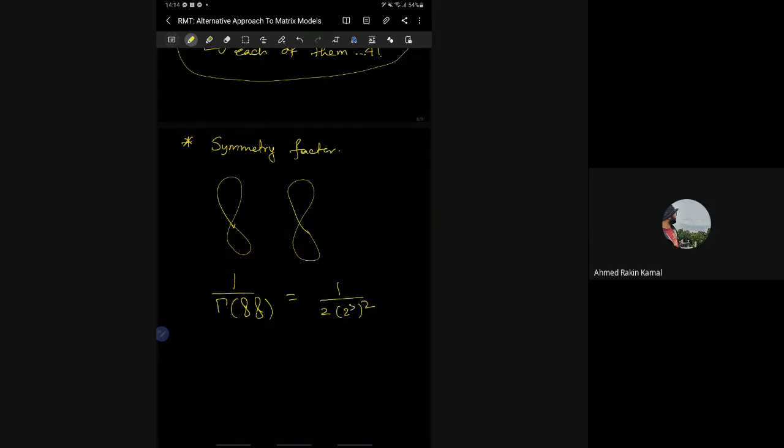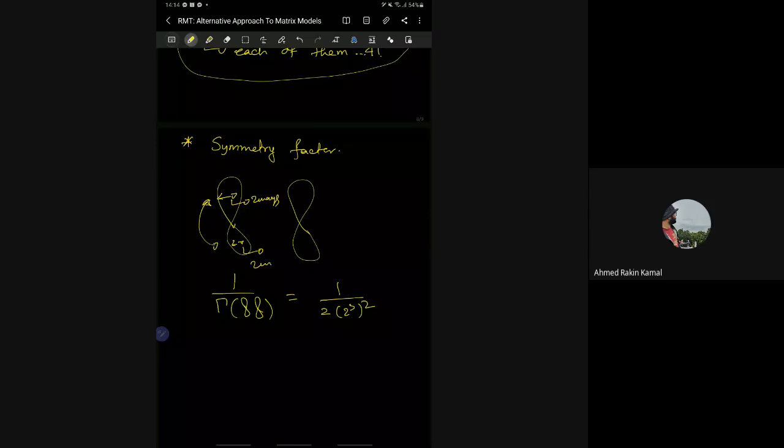Okay, if I tell you that I can do these operations, what are they? They are, for example, flips again. You can flip it like this, you can flip this like this, and you can go up and down. So you have 2 ways here, 2 ways, 2 ways, and here 2 ways.